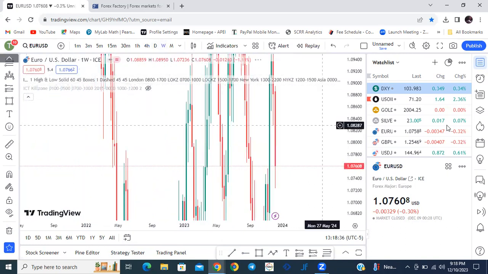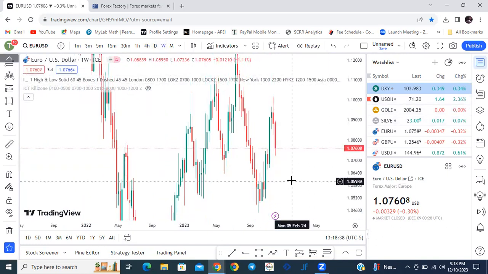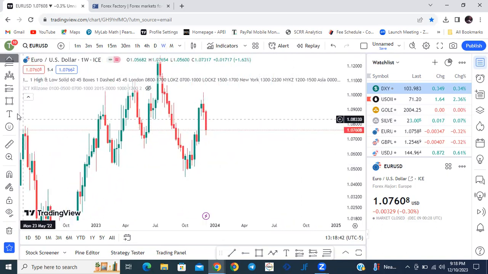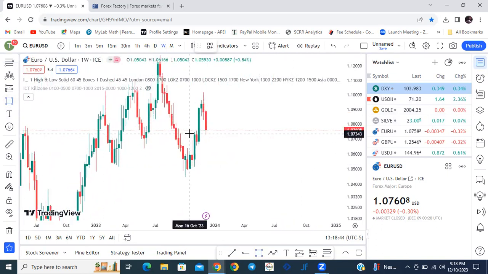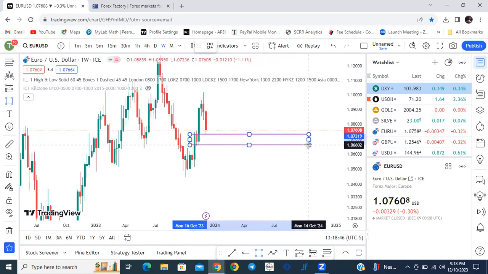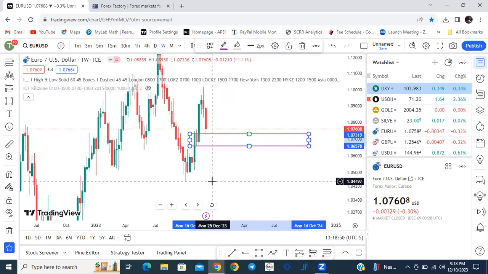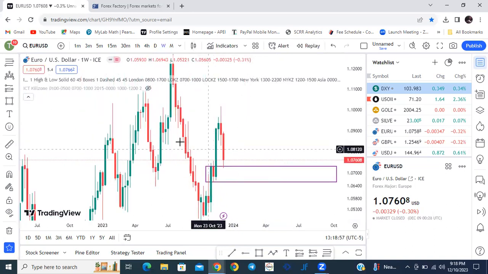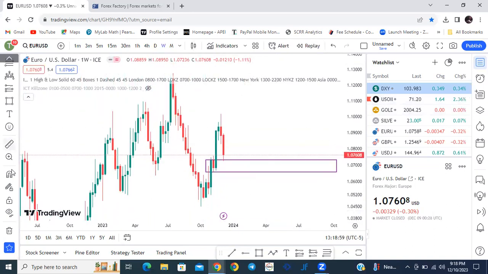We begin from the weekly time frame. From the weekly time frame, we have the price reacting from this weekly demand level. The price dropped due to NFP, and the price came to this area, and you can see now the price is reacting from this level.